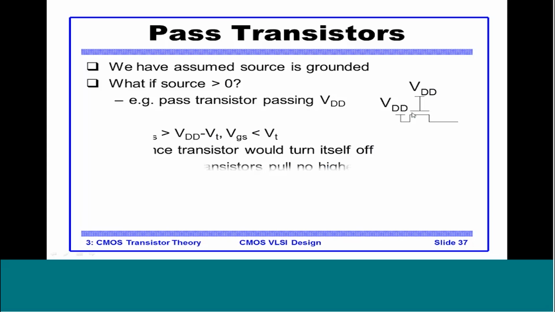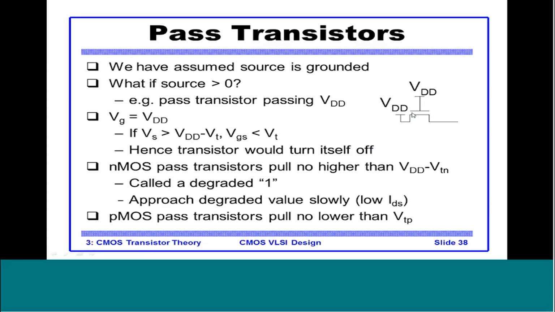Let's see what happens. Now if gate is VDD, and the voltage on source is greater than VDD minus VT, the VGS, that is the difference of voltage between gate and source, will be less than VT and the transistor will turn itself off.